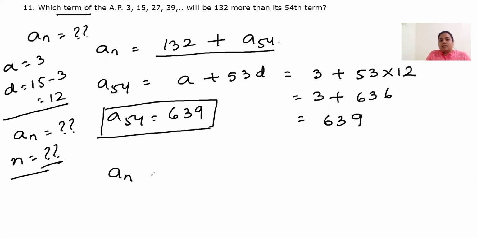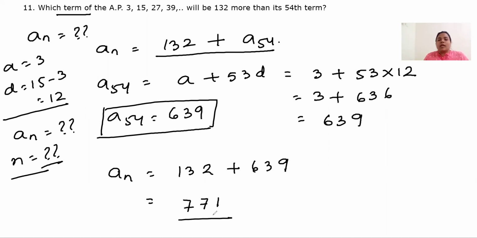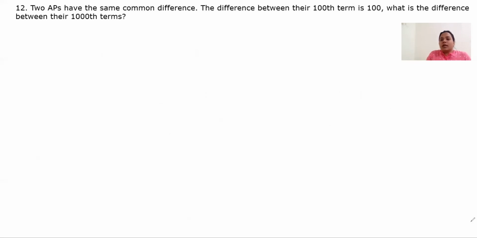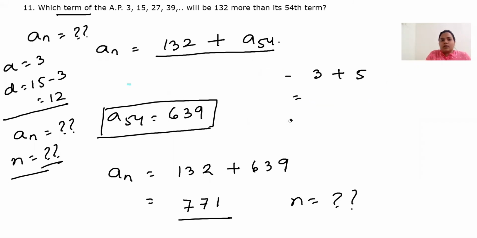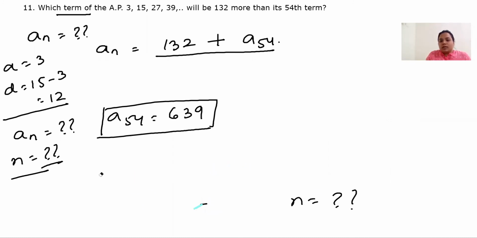So our AN is equal to 132 plus 639, that is equal to 771. So AN is 771. Now we have to find N. So we know how to do that. I'm just erasing this because I already did this. So we have got A54 as 639. AN is equal to 771.